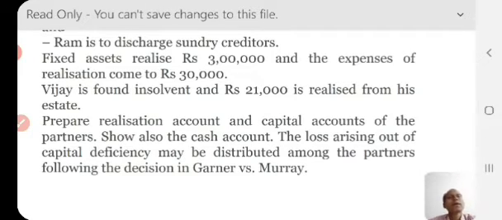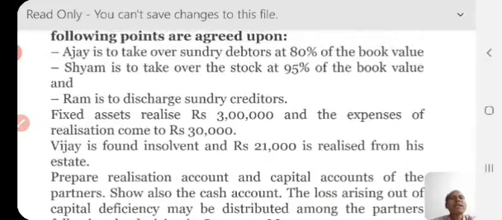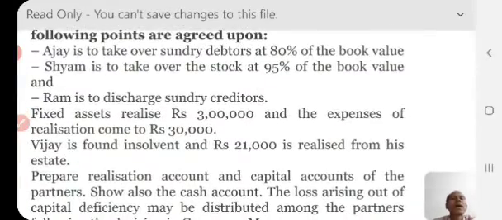So we shall see the main adjustments in this. Ajay is going to take the sundry debtors at 80% of book value. Sham is to take over the stock at 95% of the book value. Ram is to discharge sundry creditors.